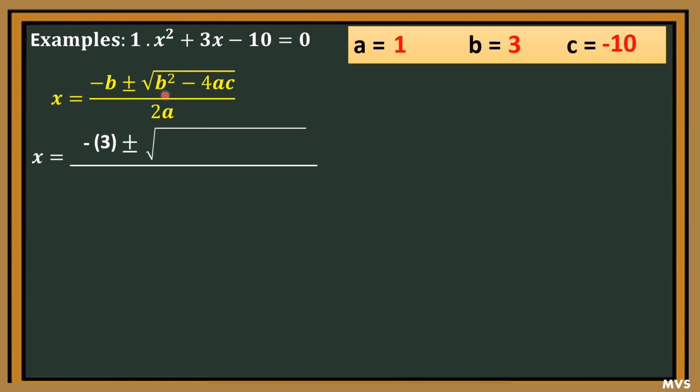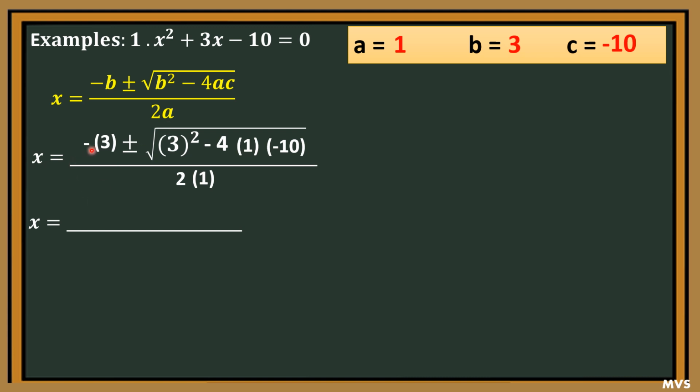Then what is the value of b again? Positive 3, and then square it. Copy minus 4, and what is the value of a? Positive 1. What is the value of c? Negative 10. All over 2, and what is the value of a? Positive 1. Next, we have to simplify the equation.